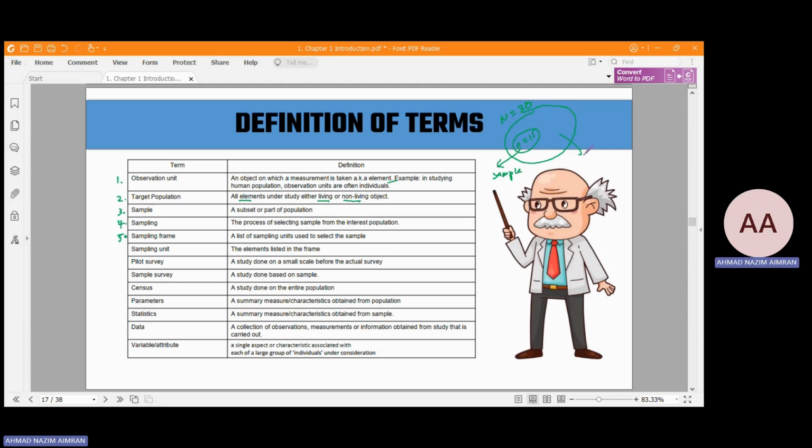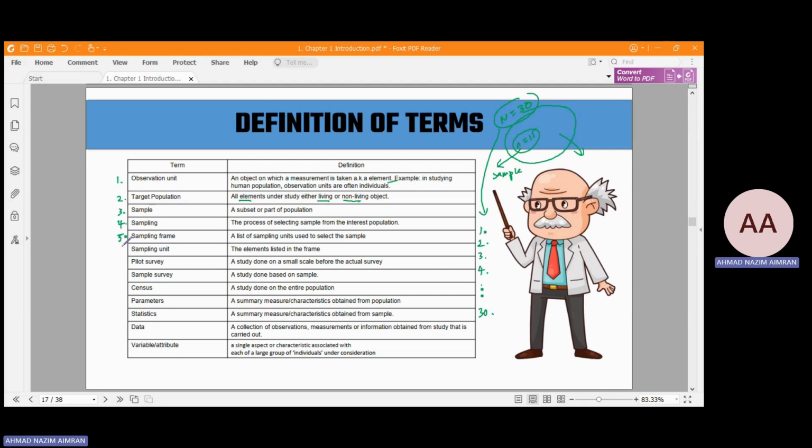Let's look at this example again. We have 30 students, right? The list of names of all students in this class is the sampling frame.